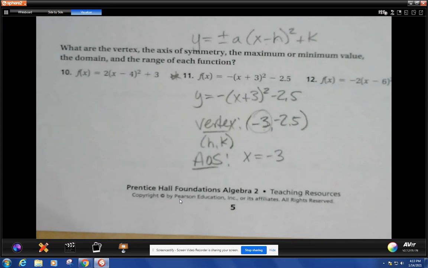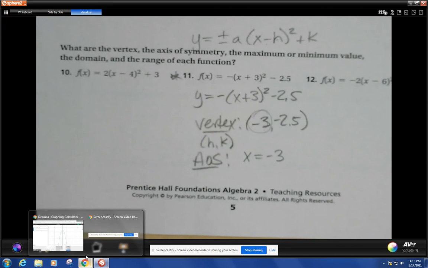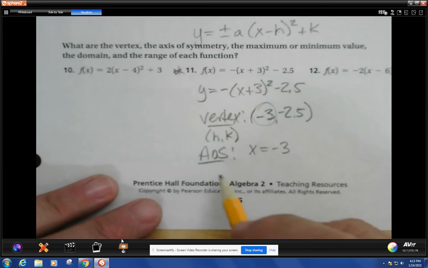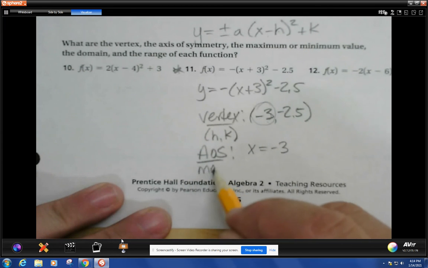Okay? Let's also look at this graph really quick. And let's see whether this has a maximum or a minimum. Well, notice it looks like it goes on forever in the negative direction, but it does in fact have a top. Okay? So we can say then that if there is a negative here, we actually will have a maximum. If this was not negative, if it was positive, then we would have a minimum or a trough, okay? So now we can go back over here and we can say it has a maximum.